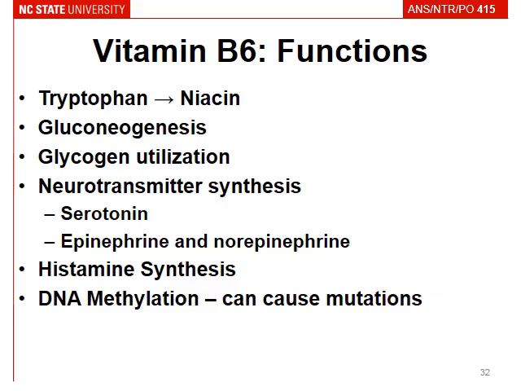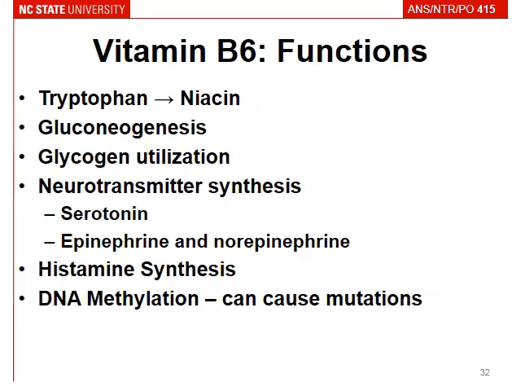Because it's involved in all these transamination reactions, it's necessary for gluconeogenesis. We need it to utilize and free up our glycogen, to break down our glycogen to increase our glucose levels.